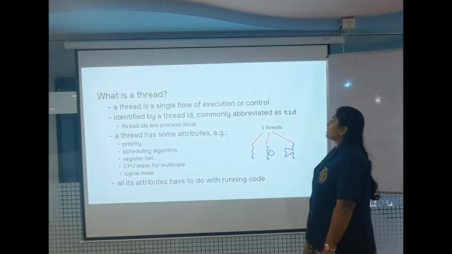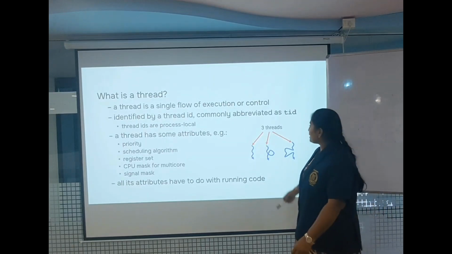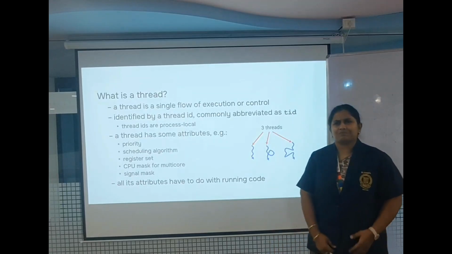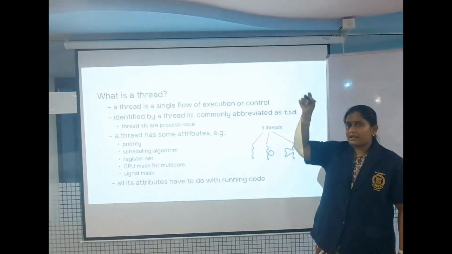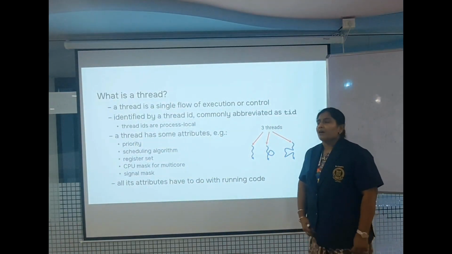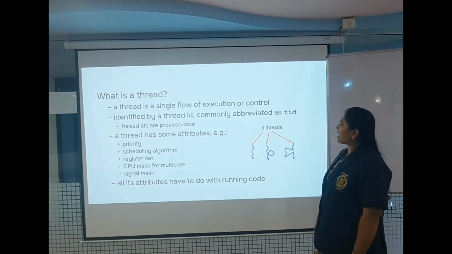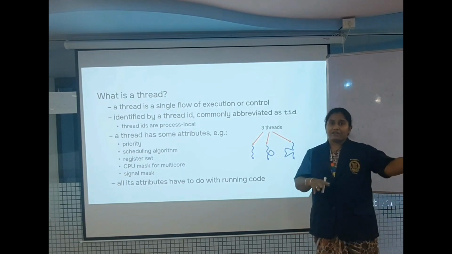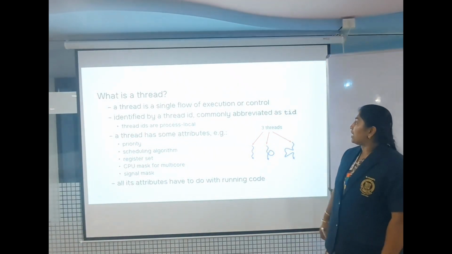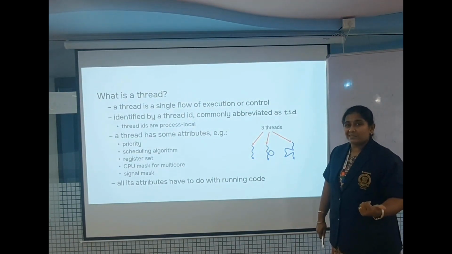So what is a thread? A thread is a single flow of execution. As I said, it is a single line of program, a single line of code, typically a single main function, from point A to point B, like there is only a single line of execution. There are no multiple branches, you can see. It is identified by a thread ID, like how every process has a process ID. Similarly, every thread has a thread ID, commonly abbreviated as TID, and the process ID is given as PID.